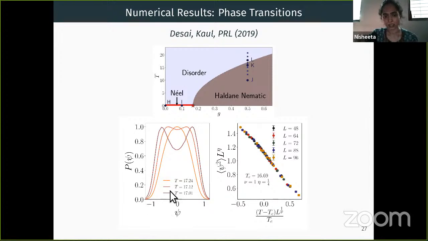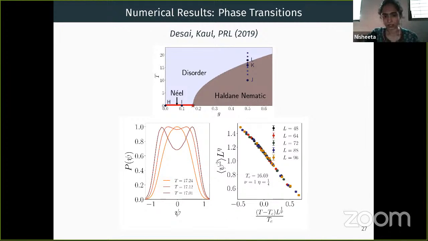At high temperature, I have just one peak at zero psi, which corresponds to disorder. As I lower the temperature, I see two peaks forming, and these two peaks correspond to the Haldane nematic order forming in either the x direction or the y direction.